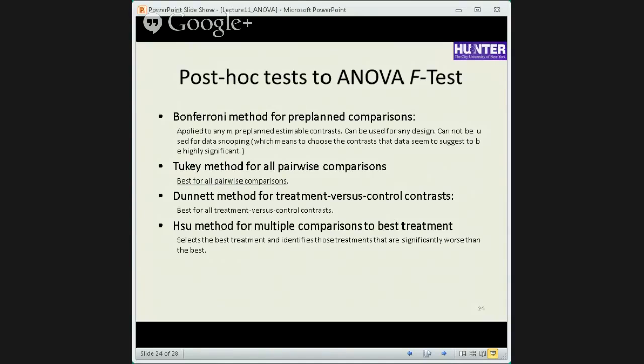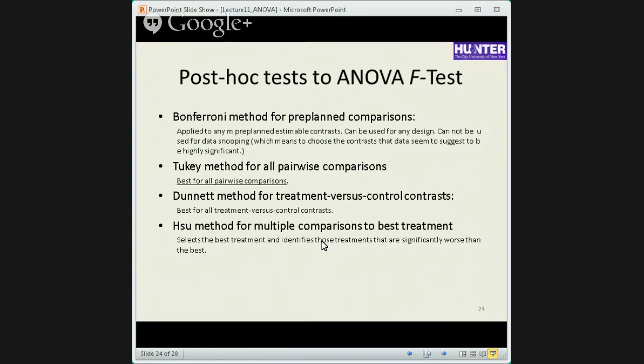These other two I just mentioned because they have special uses which are nice if you happen to want to do that. The Dunnett method, if you have one control and several treatments and you only want to compare each treatment to the control, then it's going to be a bit more efficient than the Tukey method. And the Hsu method for comparing everything to the best treatment.